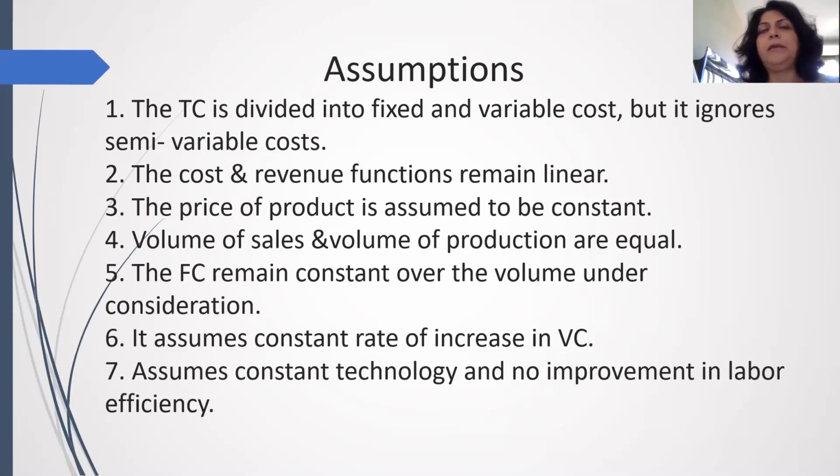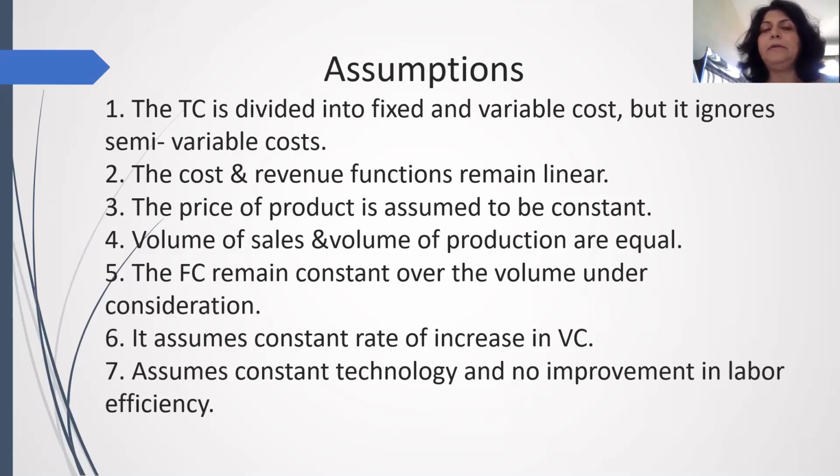First assumption is that we have divided TC into two parts, one is fixed and the other is variable cost. That is, TC is an addition of total fixed cost and total variable cost, but it ignores semi-variable costs. Second, cost and revenue functions remain linear, that is, they are linearly related.